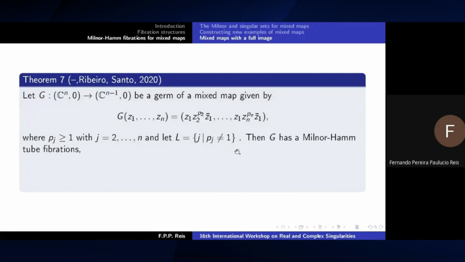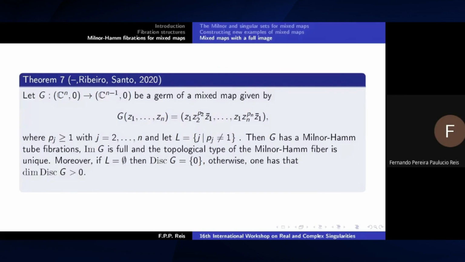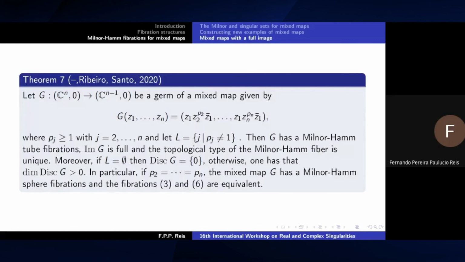Then G has a Milnor-Hamm tube fibration, the image of G is full, and the topological type of the Milnor-Hamm fiber is unique. Moreover, if L is empty, then the discriminant of G is 0, otherwise the dimension of the discriminant of G is positive.